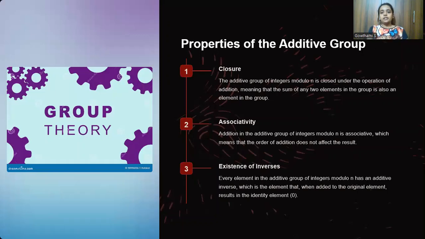Closure property. The additive group of integer modulo n is closed under the operation of addition, meaning that the sum of any two elements in the group is also an element in the group.